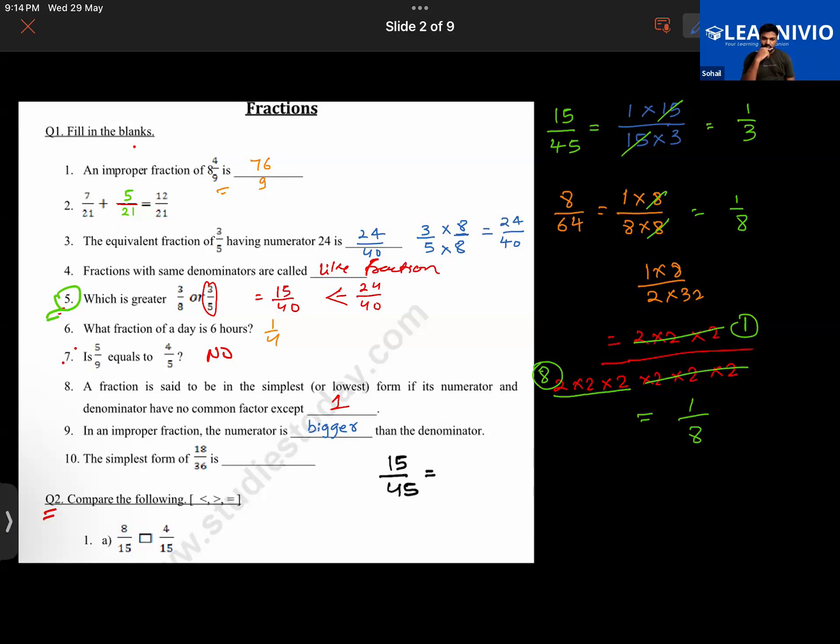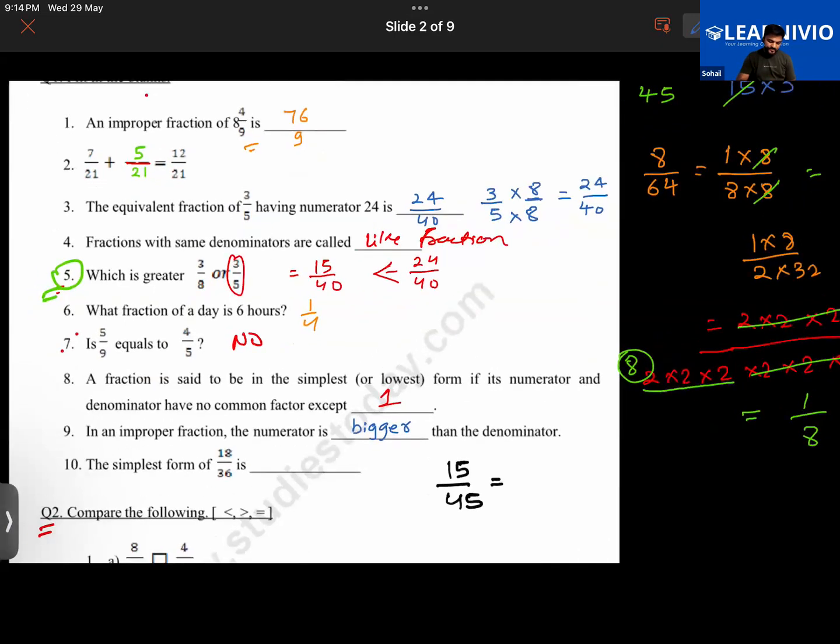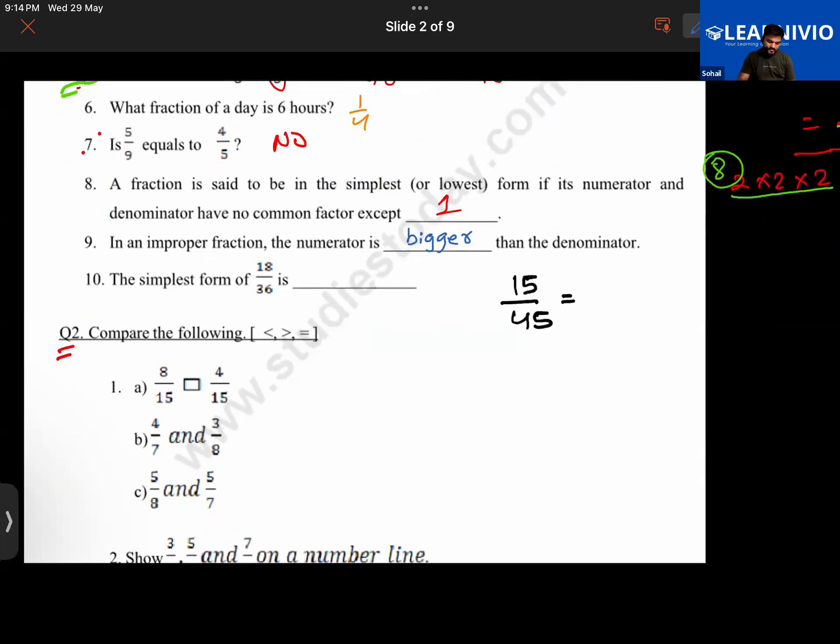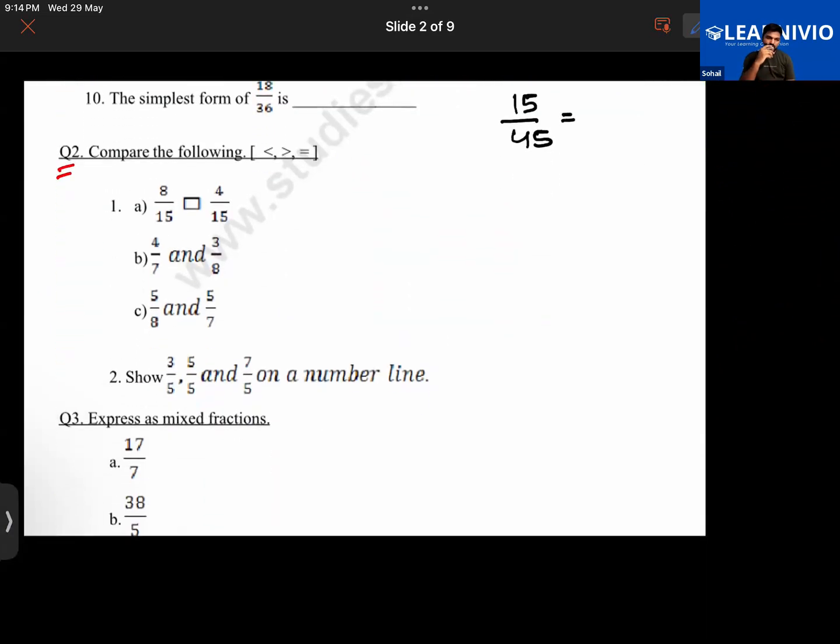Which question? Question number 2, this one. Number 1. You can answer it just by looking at it, no need to write it. 8 by 15 is greater.